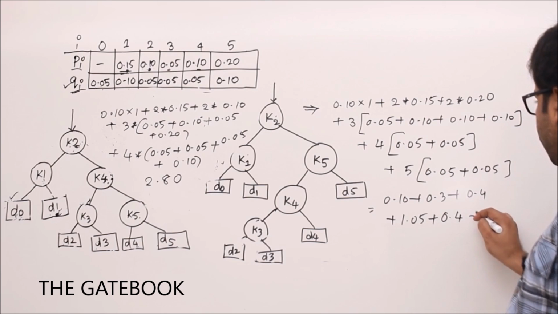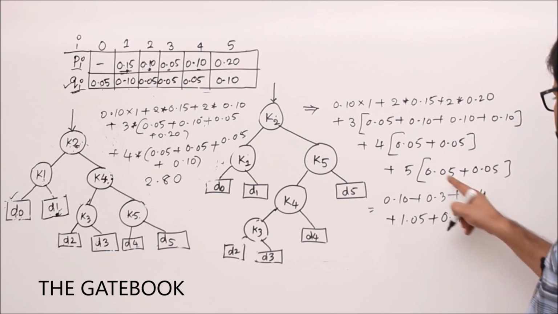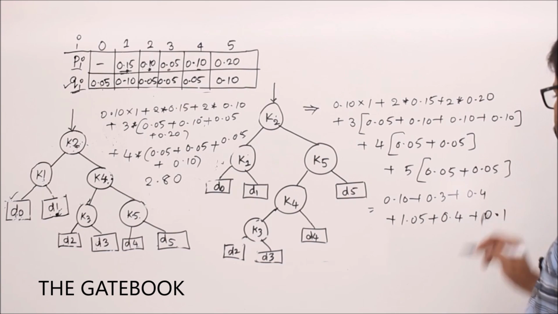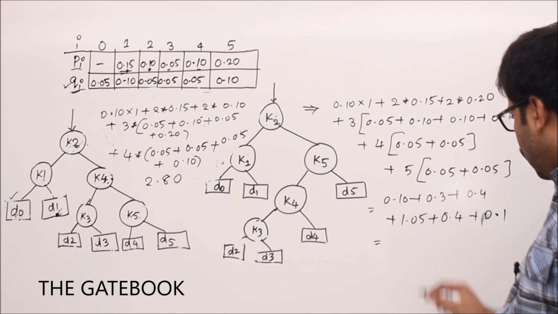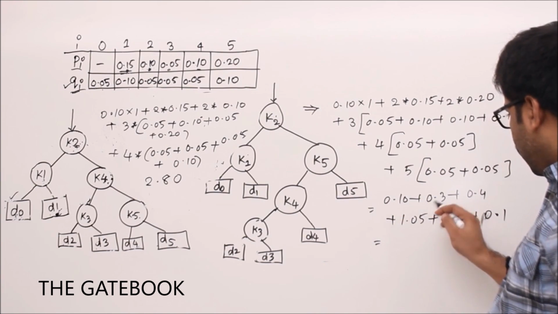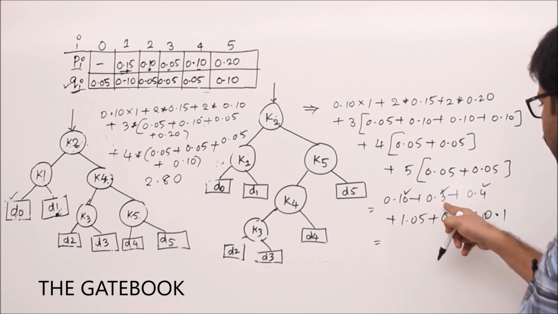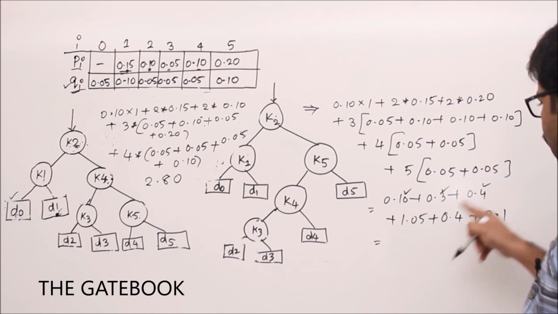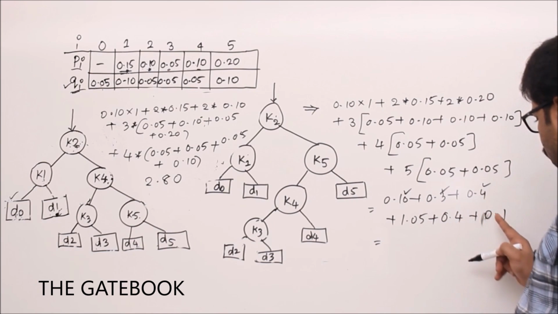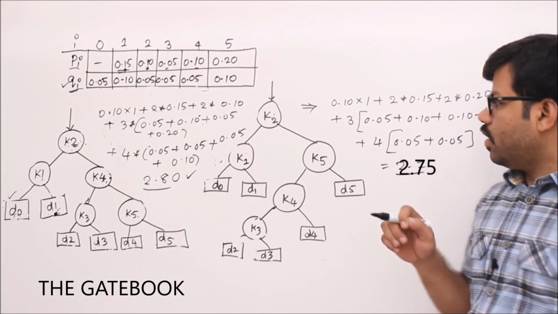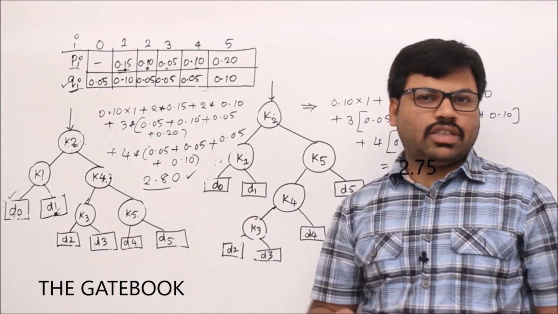Then plus 5 into 0.1, which is 0.5, right? So this is the calculation. If you see this one, 0.10 plus 0.3, 10, 30, 40, 80, 120, 130, plus, now the search cost is 2.7. If you see here, it is 2.80.